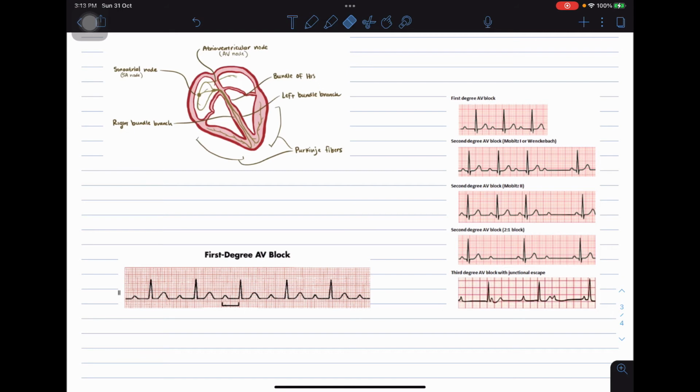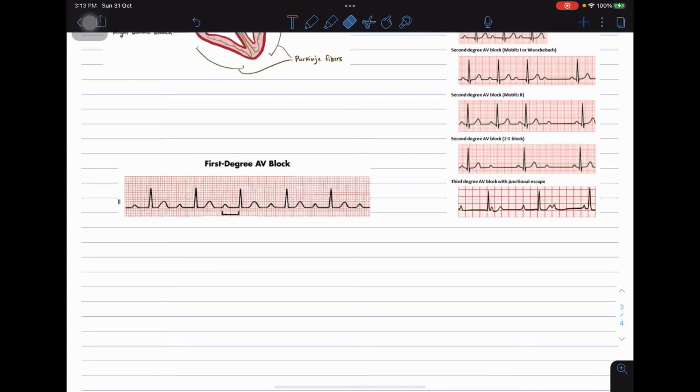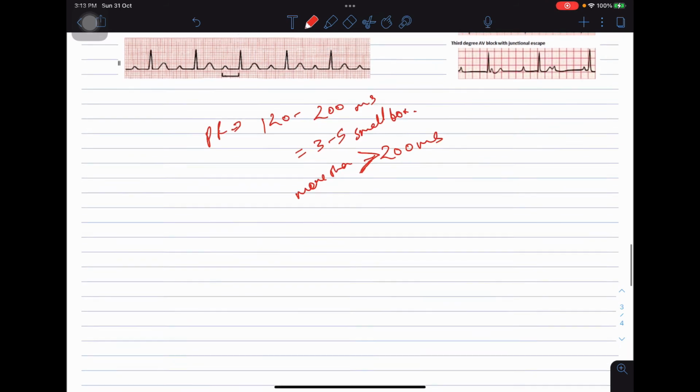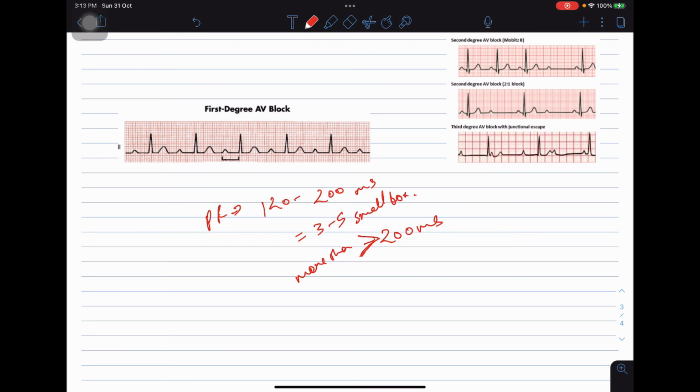So in the first degree AV block, we see prolongation of the PR interval. The normal PR interval is 120 to 200 milliseconds, which equals 3 to 5 small boxes. In the first degree AV block, it is more than 200 milliseconds. As we can see, there is a prolongation from here till here.